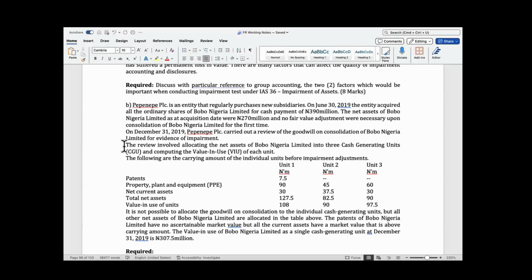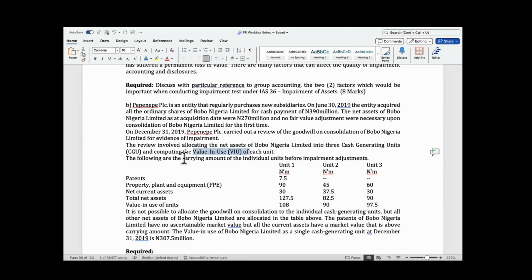So he needs to get CGUs. And you know that's how you solve that problem. You group assets together that make money together, which is what this person has done here. So he now has 3 different CGUs to get their value in use for each of the units.